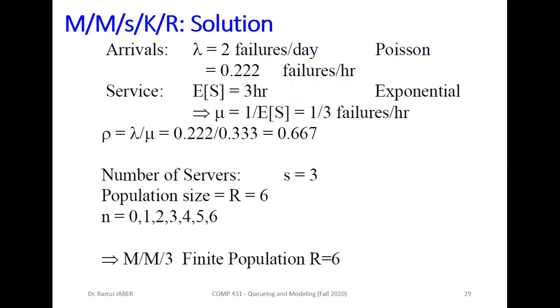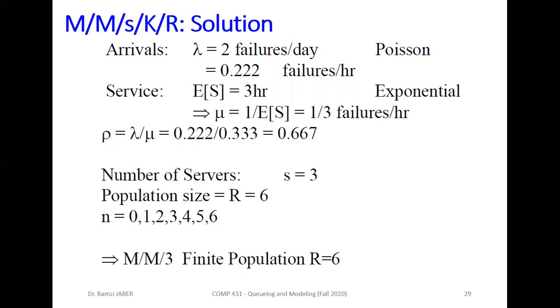It must be less than 1 to continue. In this example, we have 3 workers inside the workshop, so the number of servers is S equal to 3. We have 6 machines, so the population size is R equal 6. So the number of states here, n, is from 0 to 6 only.